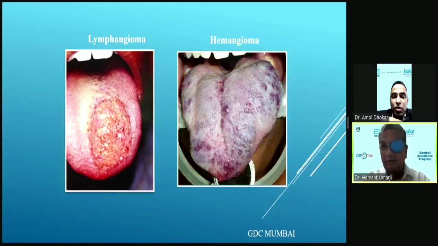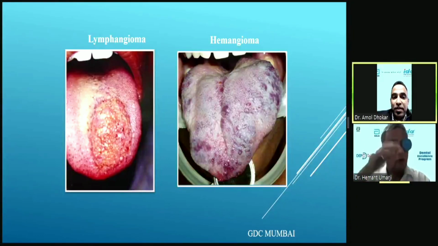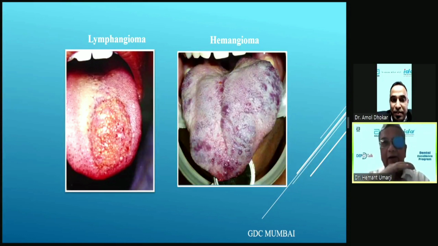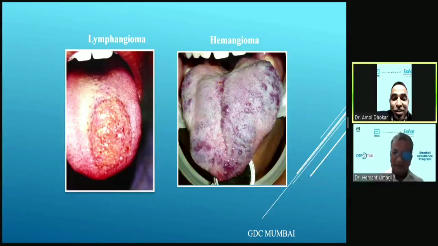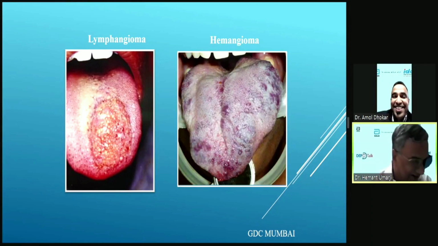Even though we cover it in detail in oral medicine during training, after the exam is over, when a person enters general practice, they don't pay that much attention. That is why this is happening. So everything looks the same, either red or white. Yeah, that is true.